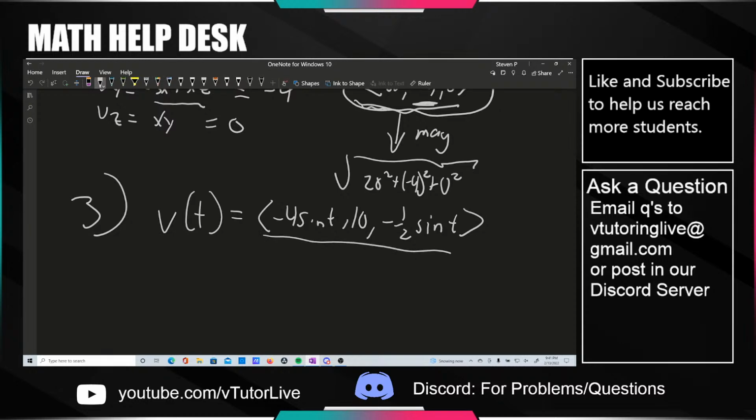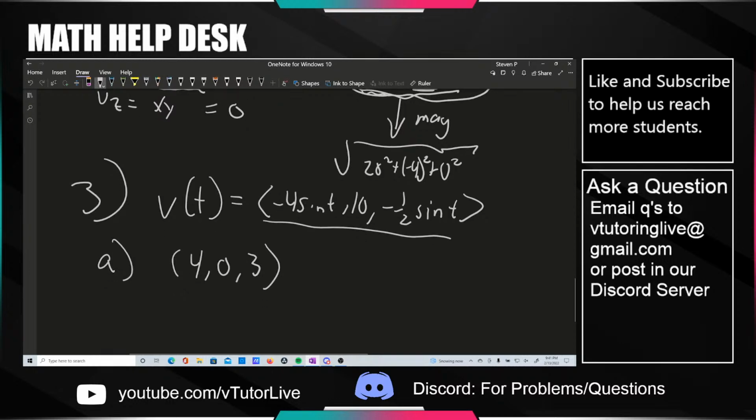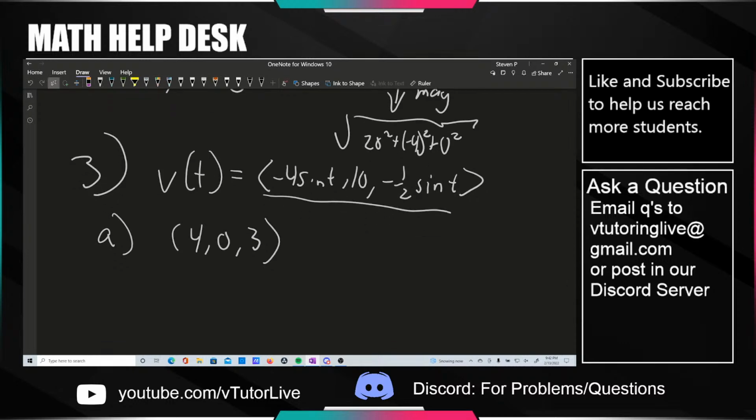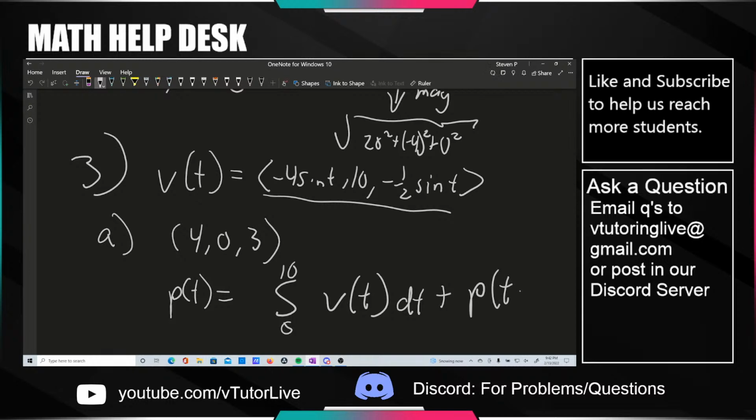So, if we're all set, the pendulum question. You're being asked its position after 10 seconds, assuming it starts from some initial point. I think this should be a relatively straightforward integral. The position at t is equal to the integral of the velocity from t equals 0 to 10, plus whatever the initial position is at time equals 0.